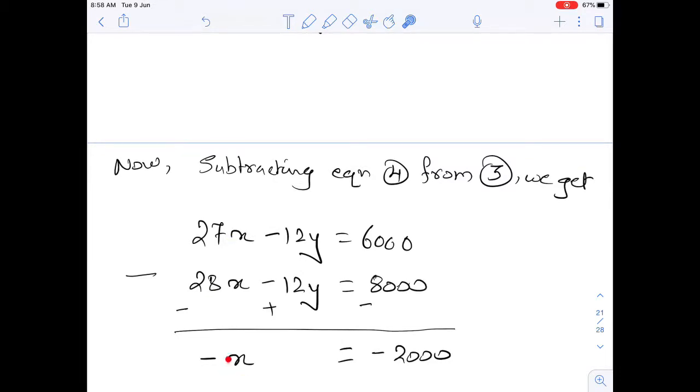If we do not write the coefficient, it will not make any difference. The sign of the greater number is minus, so we have written minus here. Then plus 12y minus 12y will get cancelled, so that will be 0, no need of writing it. Then minus 8000 plus 6000, opposite signs, so 8000 minus 6000 is 2000, and the sign of the greater number is minus, so we have written minus here.